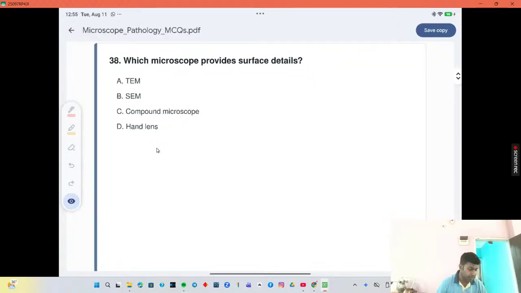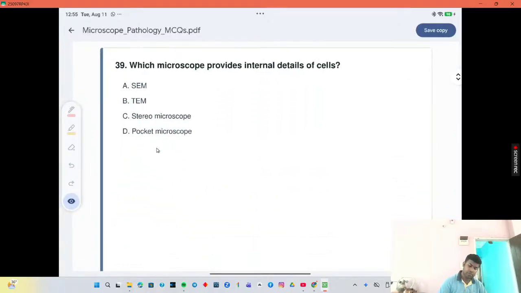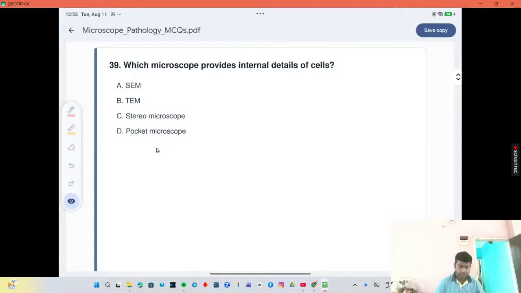Which type of microscope shows the surface detail? SEM, that is scanning electron microscope, helps us to see the surface detail. Which microscope provides internal detail of cells?